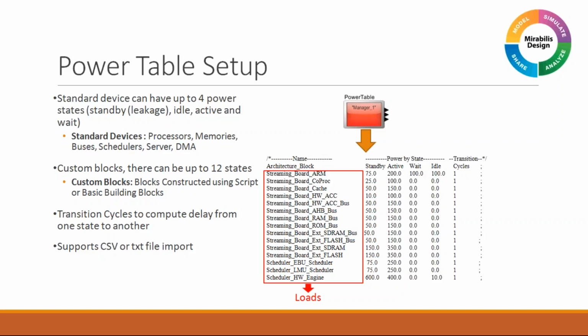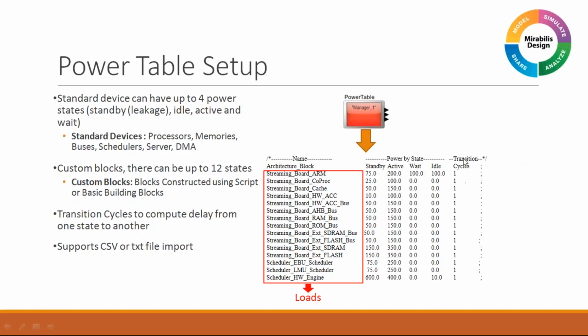For example, you may need a custom arbiter or a custom router in your model, and you can model a custom router using basic building blocks in VisualSim, or you can use a scripting language that we provide along with VisualSim, which is 90% equal to C language. For custom blocks, we support up to 12 different power states.